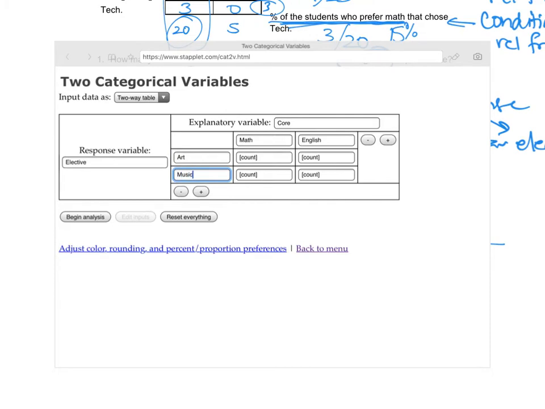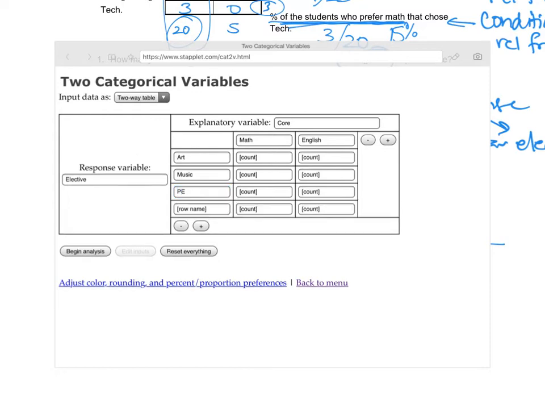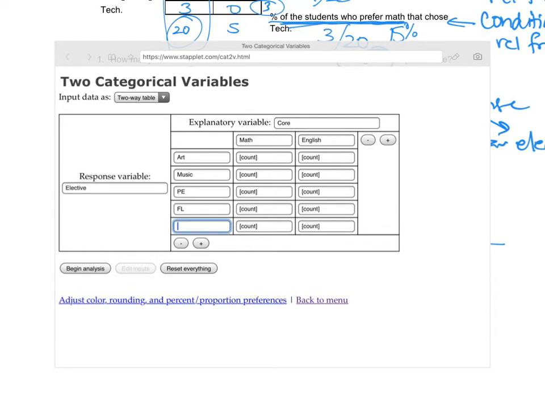I'm going to hit the plus down here to make another row name. I'm good with columns. This should feel like very matrix to you. It is. PE. Okay, add another row name, which would be foreign language. FL. And finally, technology. Tech. Okay, so the counts. Let's see.